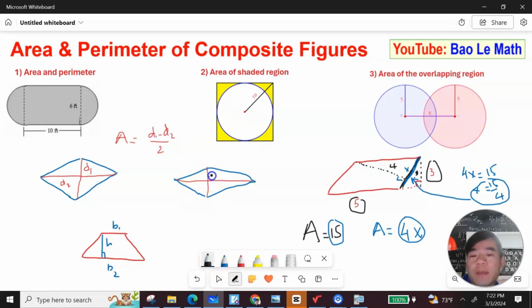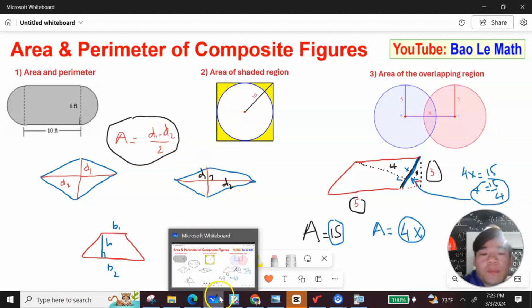So I have this guy right here, and this is still D1, and this is D2. I use the same formula. So any quadrilateral with perpendicular diagonals, the area should be D1 times D2 divided by 2.